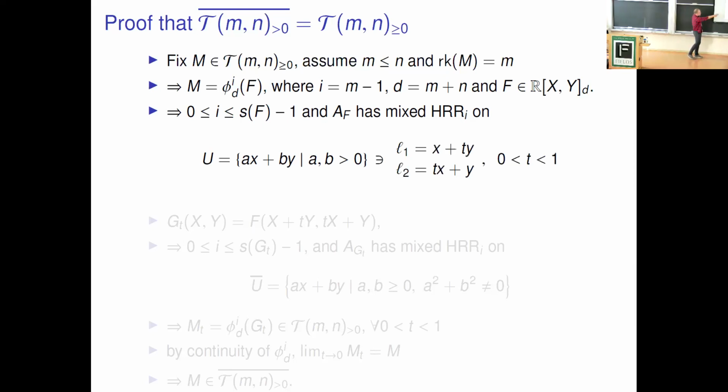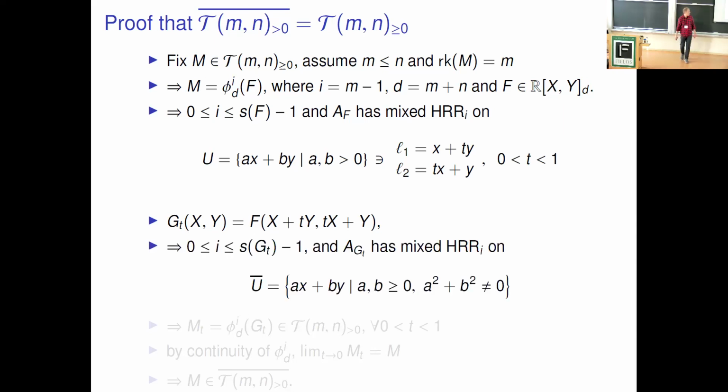But then I could just perturb my variables a little bit by some small t, and I get a linear change of coordinates. I could do my little trick, and I get a polynomial here that has the same Sperner number as F, and it satisfies mixed Hodge-Riemann on the closed cone. So the question is, I have a totally non-negative Toeplitz matrix. How do I get a sequence of totally positive Toeplitz matrices converging to it?